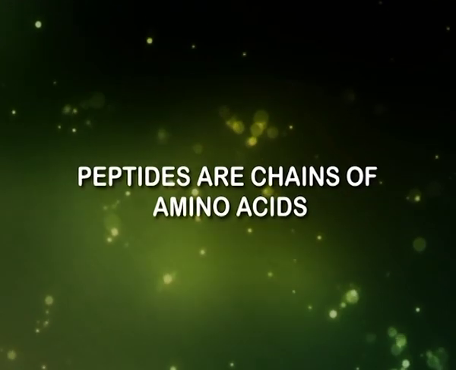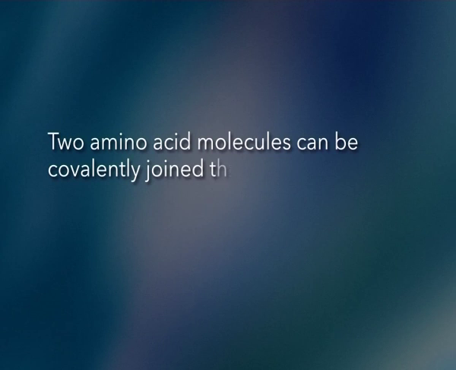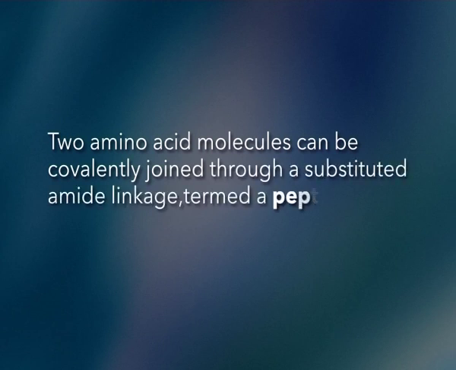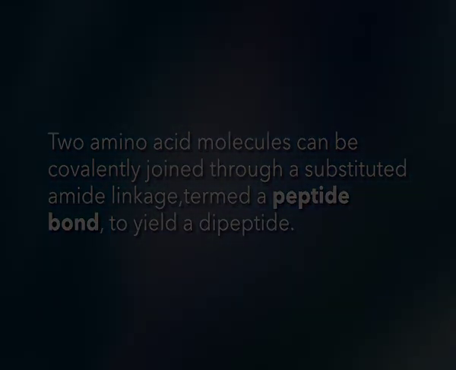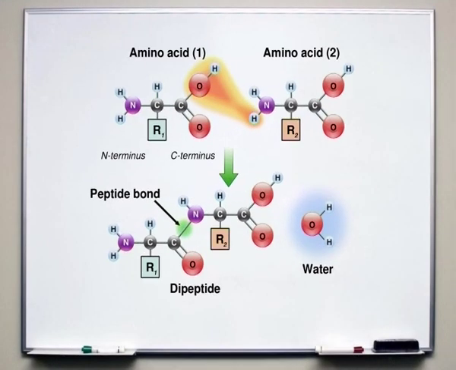Peptides are chains of amino acids. Two amino acid molecules can covalently join through a substituted amide linkage termed a peptide bond to yield a dipeptide. Such a linkage is formed by removal of the elements of water, dehydration, from the alpha carboxyl group of one amino acid and the alpha amino group of another.